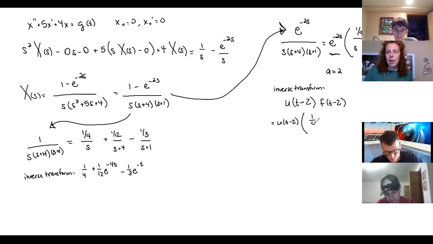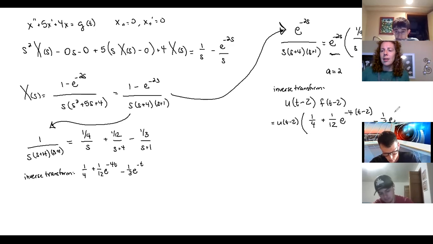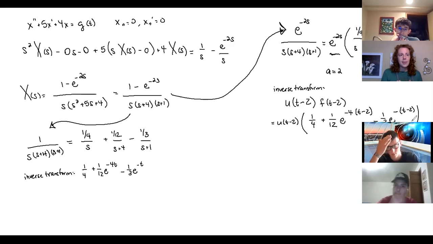So we've got a 1/4 plus 1/12 e to the negative 4 times t minus 2. Normally it would be e to the negative 4t, but I need f of t minus 2 in this case, so I have to put a t minus 2 in, minus 1/3 e to the negative quantity of t minus 2. Normally it would be e to the negative t, but I have to put in a t minus 2 in this case. So it's e to the negative t minus 2.